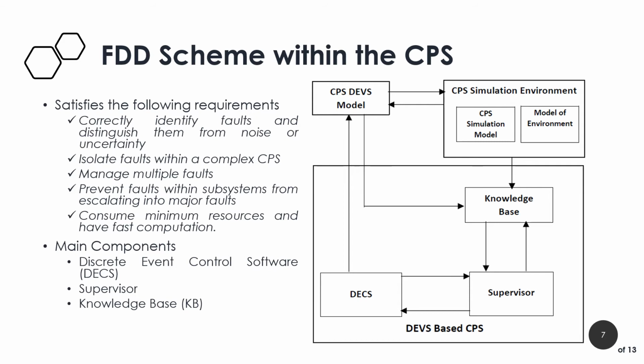We call the message a fault message. Now, when the supervisor checks the fault message, the knowledge base replies a yes or a no. If it replies with a yes, the supervisor is going to send a message to this DECS, and this DECS would activate whatever fault tolerant algorithms that we define within the control system.